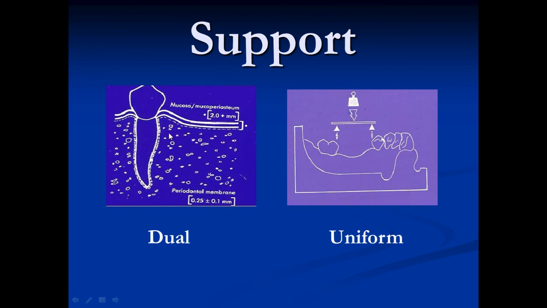mucosa. When a load is applied vertically, the compressibility of the soft tissue is different from the compressibility of the tooth itself. Because of the periodontal ligament, once a load is applied, the movement of the tooth in the socket vertically is around 0.25 plus or minus 0.1 millimeters, that is, about 100 microns.